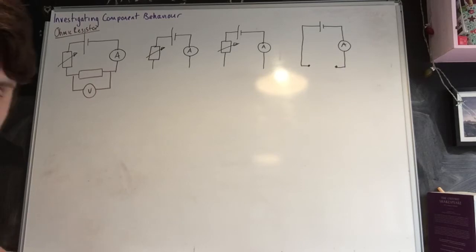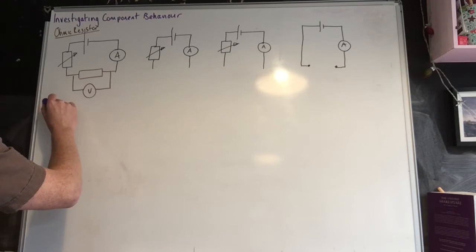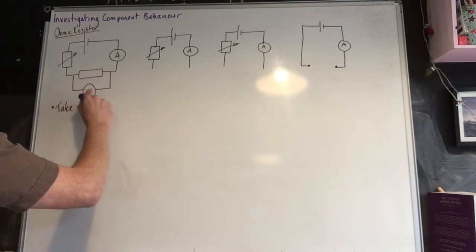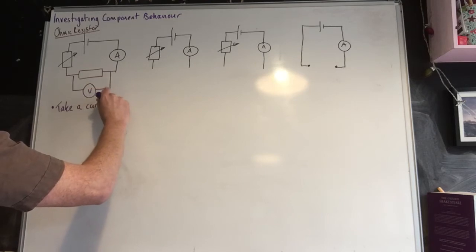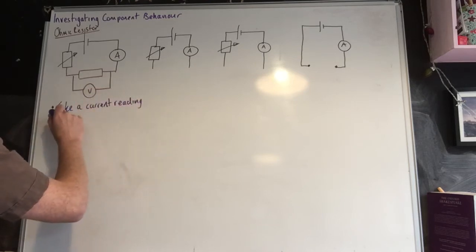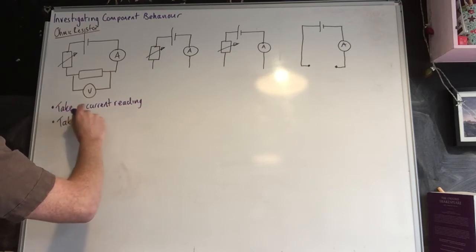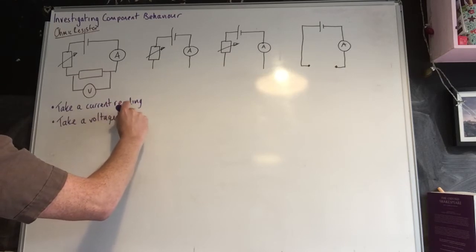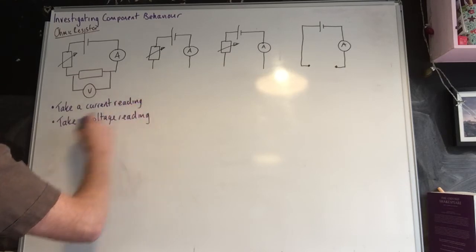In terms of the technique for investigating the resistance of this, you would need to take a current reading, and that's from the ammeter. Take a voltage reading, and that's from the voltmeter.